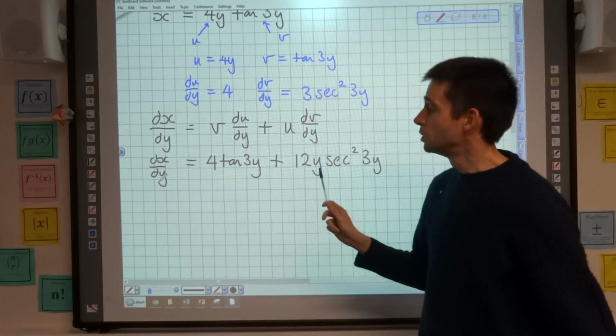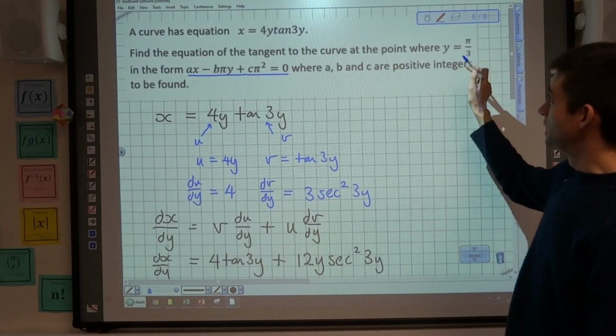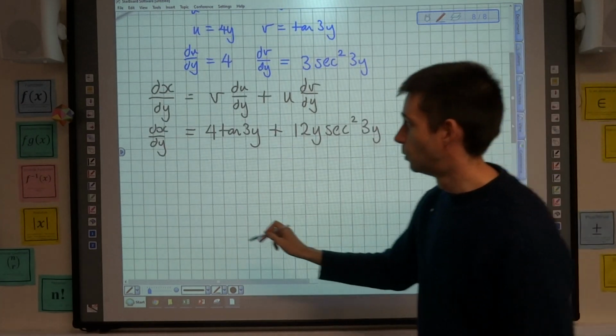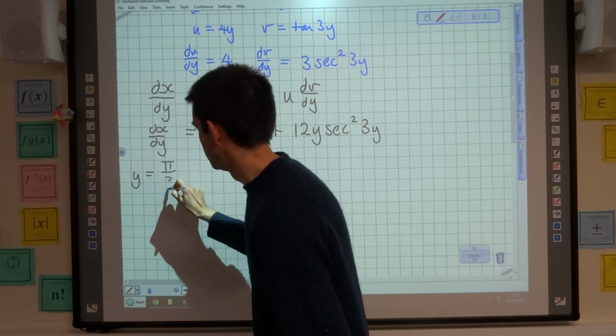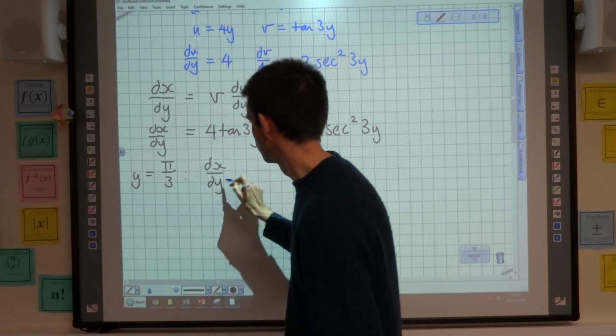So at this point here, I've been given that the y coordinate is pi over 3, so I'm going to substitute y equals pi over 3 into dx dy to get a numerical value for dx dy.